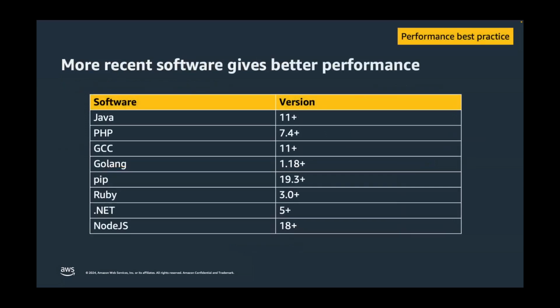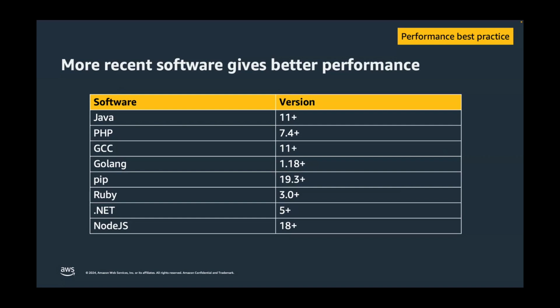Okay. So next, I will dive into some of the best practices that I see when you leverage ARM instances. One important point is that the more recent your software is, the better the performance on ARM. Why is that so?